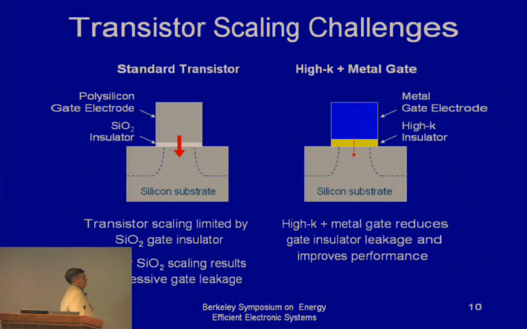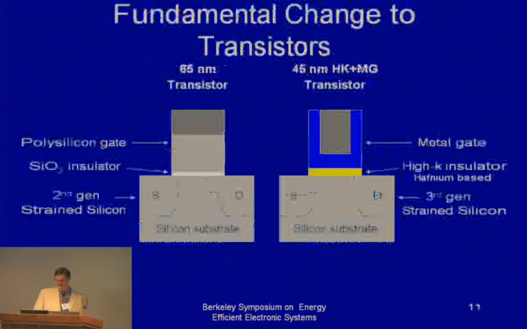At the same time, we decided to introduce metal gates for various reasons that made that task easier. So this was a huge technology step, which I think occurred at the end of 2007. We introduced the high-K metal gate devices.